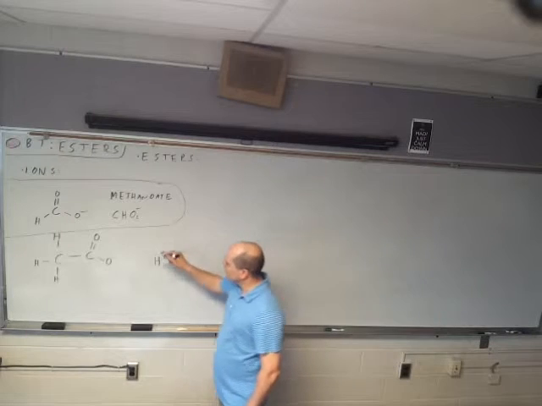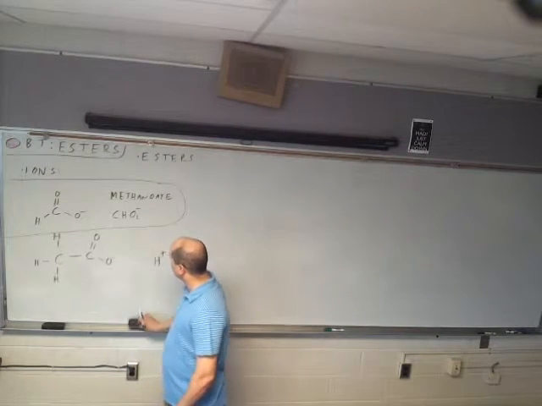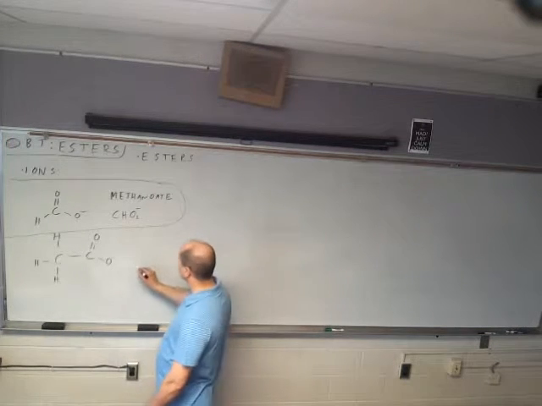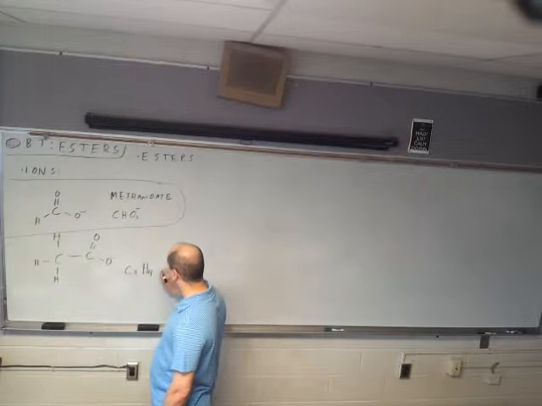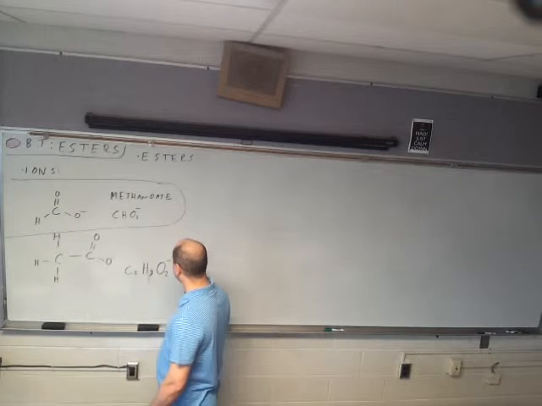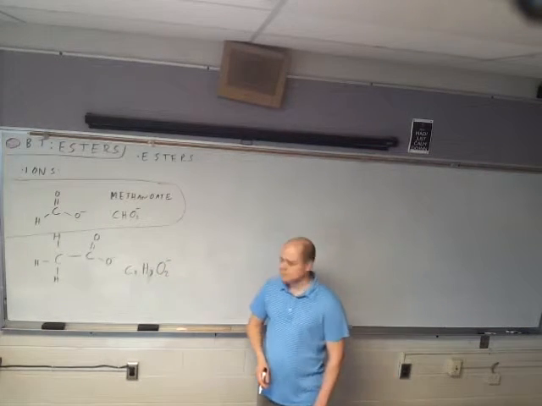All right. What's this one going to be called? Anybody? All right, let's write the formula first. C2. H3. And what's that called? But the other one is not a negative, so why'd you make it negative?